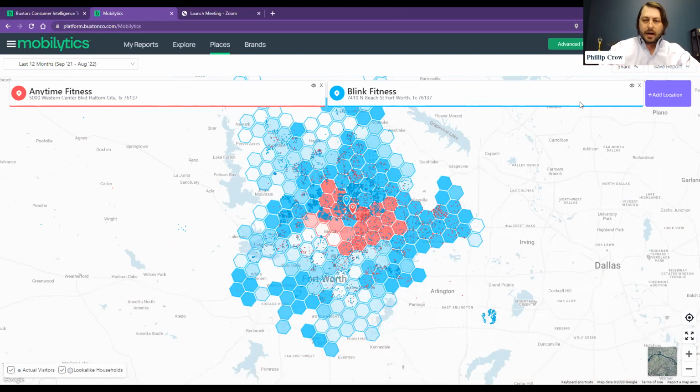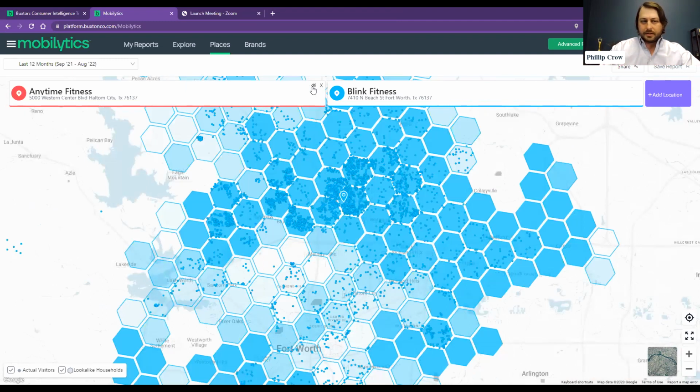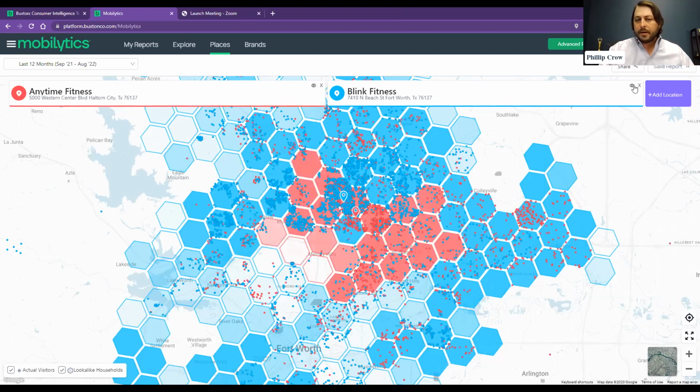Now, I'm also going to highlight a feature here that we find to be quite useful, and that's the hide feature. So I can come in and I can hide the data associated with one of the selections. You can see there I hid the data for Anytime Fitness, and now I don't see that data anymore. And then I could come back and I could do the same thing for the Blink Fitness data.